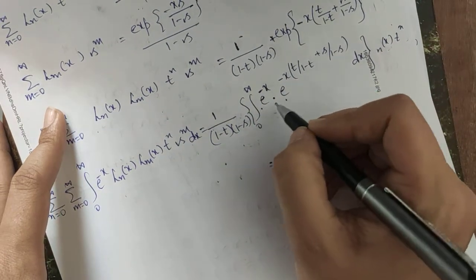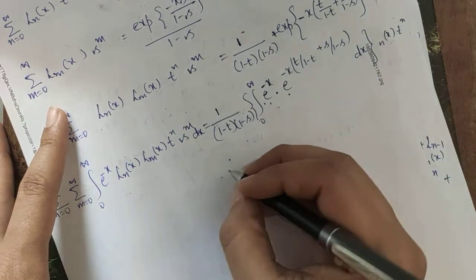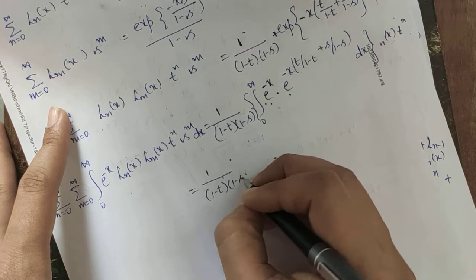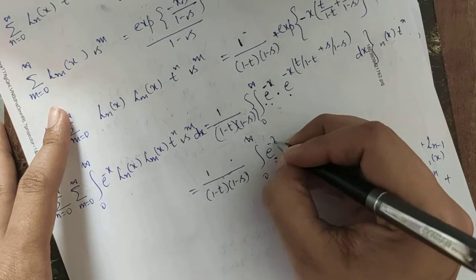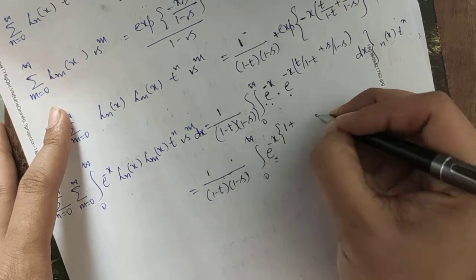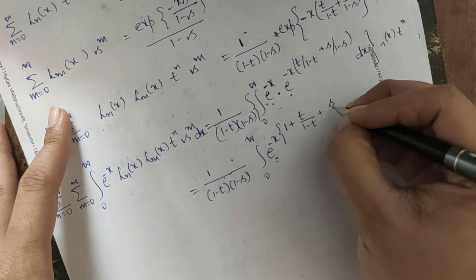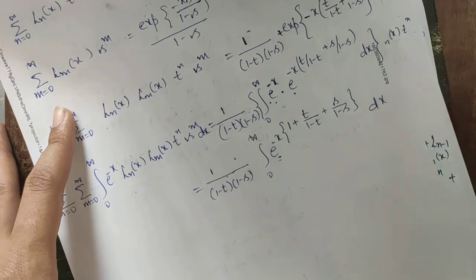So since bases are same, I can add the powers and I can take x as common again. So this will become 1 over 1 minus t into 1 minus s integration 0 to infinity e power minus x into 1 plus t by 1 minus t plus s by 1 minus s into dx.